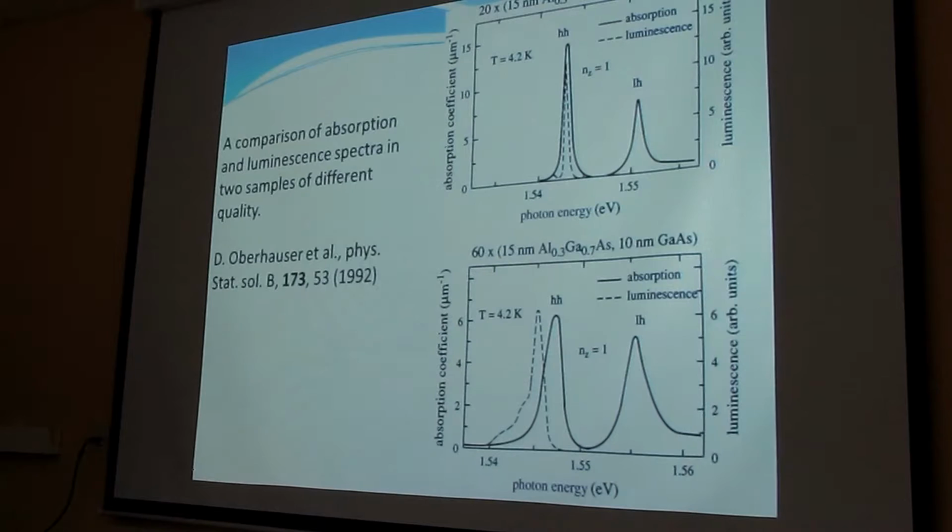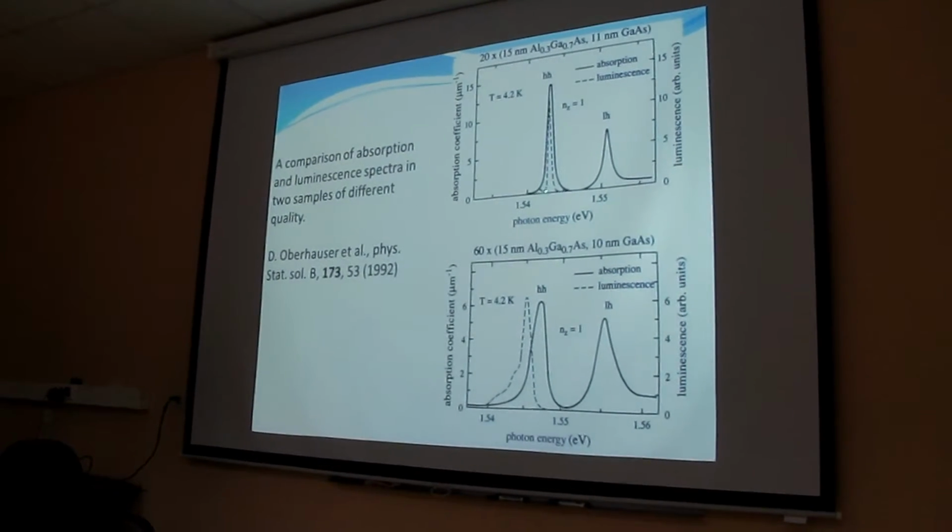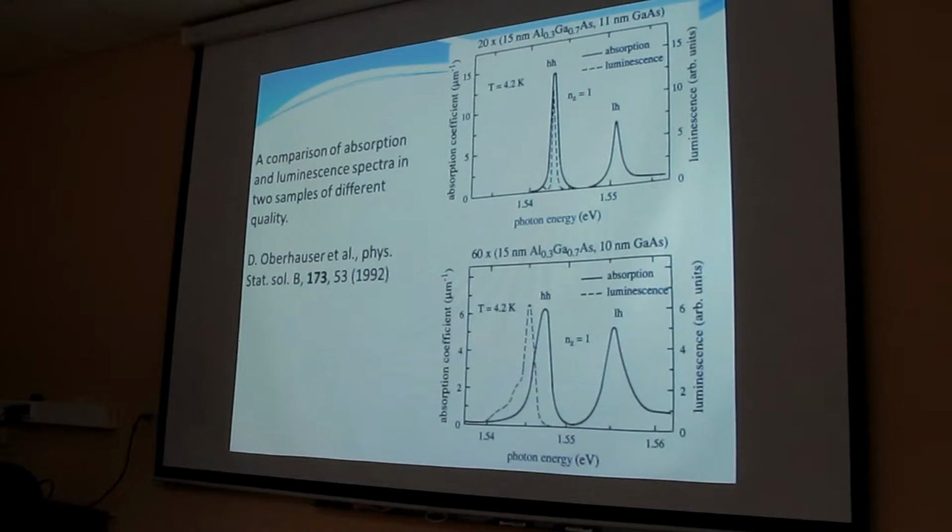Now this is something to show you. I said some disorder due to well width fluctuations, and this shows you simply 2 samples of different quality. They are approximately equal concerning well width and concentrations, but you see here the heavy hole n equal 1 exciton in absorption, the light hole, and the luminescence, which shows hardly any shift compared to the absorption, and possibly even some bound exciton states.